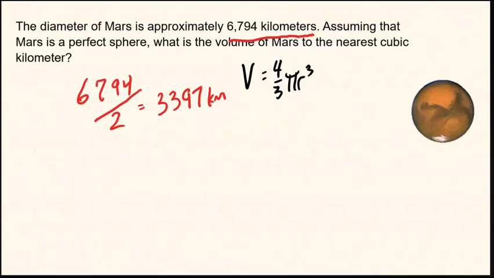We're talking about from the core of Mars out to the atmosphere. Keep in mind that a radius in a sphere goes in an infinite amount of directions. Now I'm going to take that information and plug it in. So that is my radius, and I am going to build my formula around that.